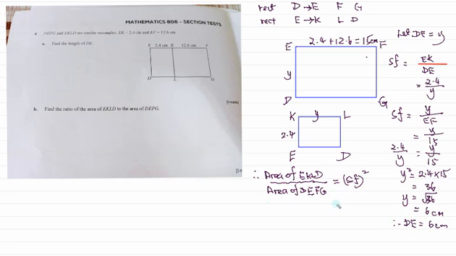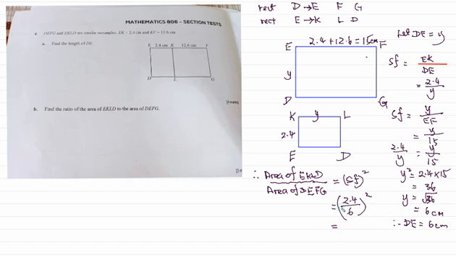Now the scale factor earlier we defined as 2.4 over Y. Since we have already found the value of Y, we just use this. So it's 2.4 over 6, and then you square it.